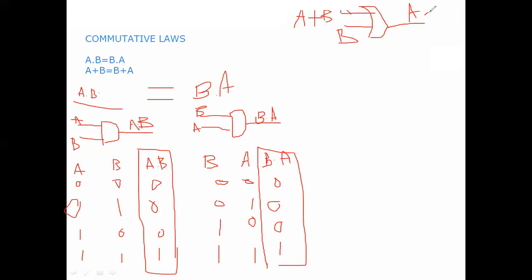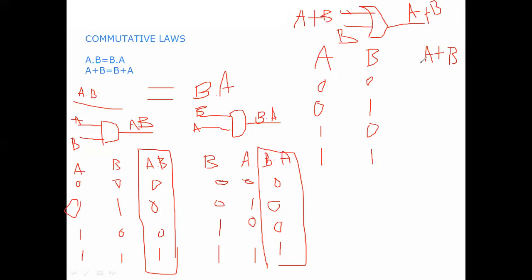The output is A plus B. So take the truth table: A, B, A plus B. 0, 0; 0, 1; 1, 0; 1, 1.